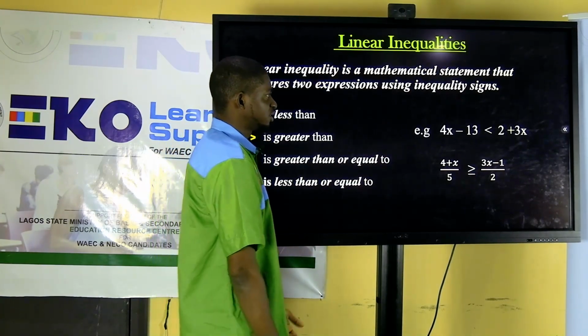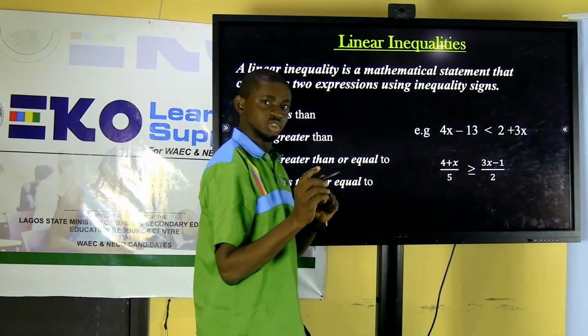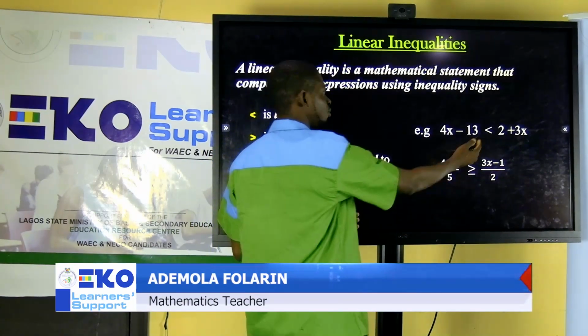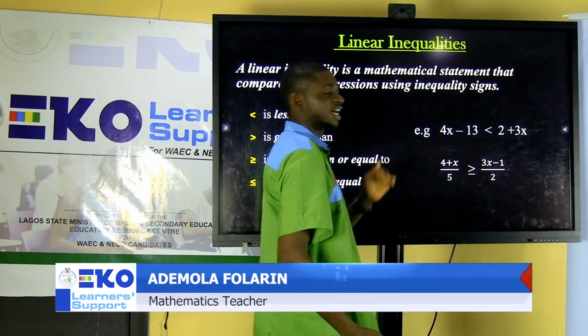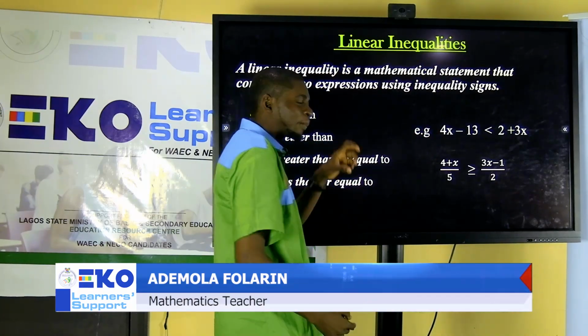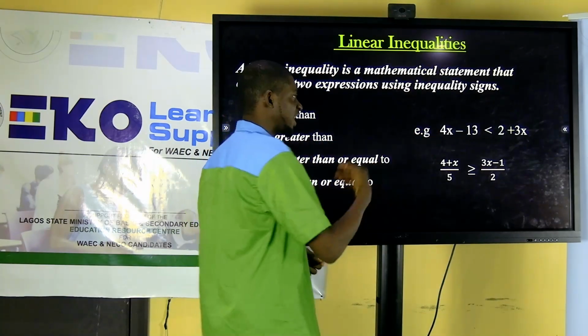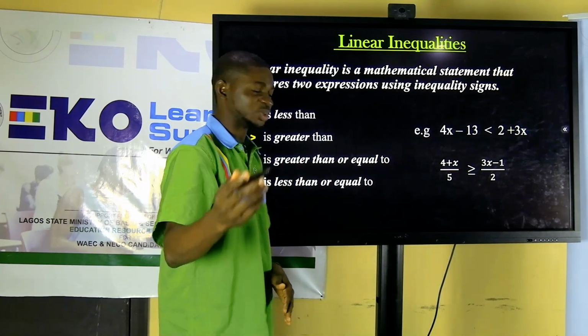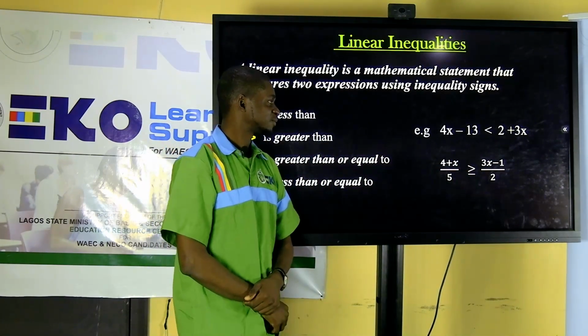This looks like linear equation if we had put equal sign here. But now we are saying what is at the left hand side for a particular value of x is less than what is at the right hand side. So our interest is to determine that value of x.